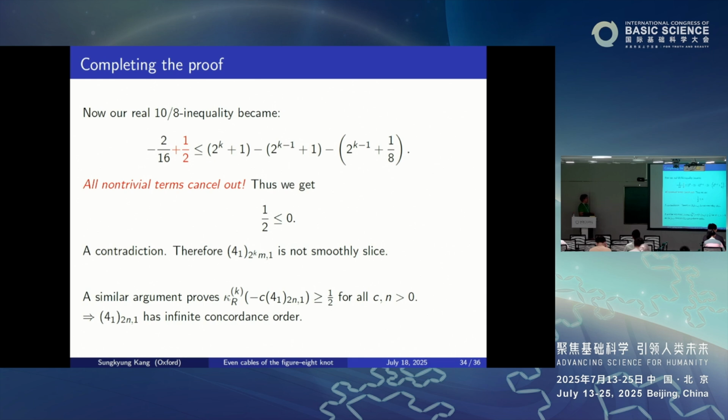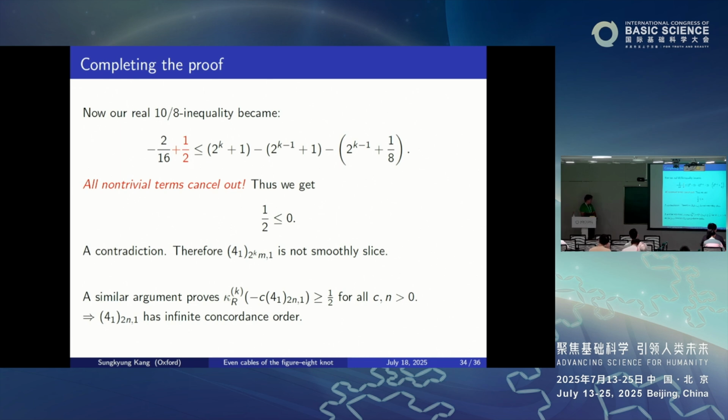The same inequality will apply, and again, every term will cancel out. Therefore, we'll end up with the same inequality, which violates reality, and therefore you can say a little bit more. The even cables are not just not smoothly slice. They have infinite concordance order, which means that if you take many copies of them and take their connected sum, they're still not going to be smoothly slice. So that's our main result.